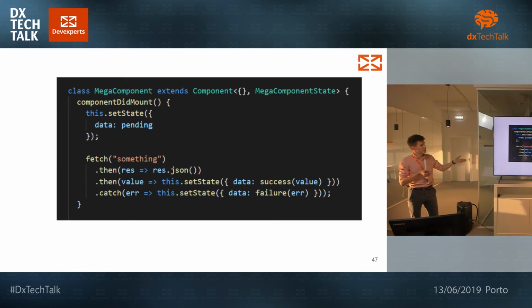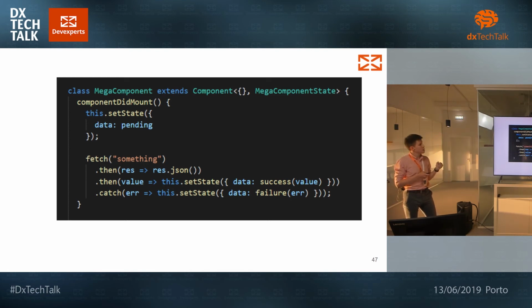And then when we fetch something, after we have some meaningful result, we put this result into the same property, but wrapped into success, because we need it to be our remote data. And in case of any errors, again, we put these errors in the same field, but wrapped into failure.